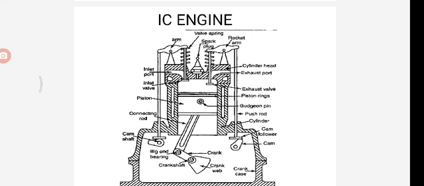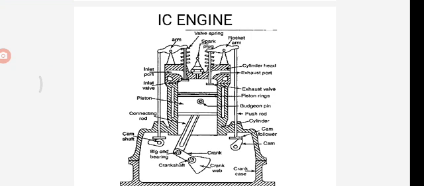At the top of the IC engine we can see the valve springs, spark plug, cylinder head, ports, exhaust port, inlet port. There are two types of valves, inlet valve and exhaust valve. These are some of the parts of the IC engine.